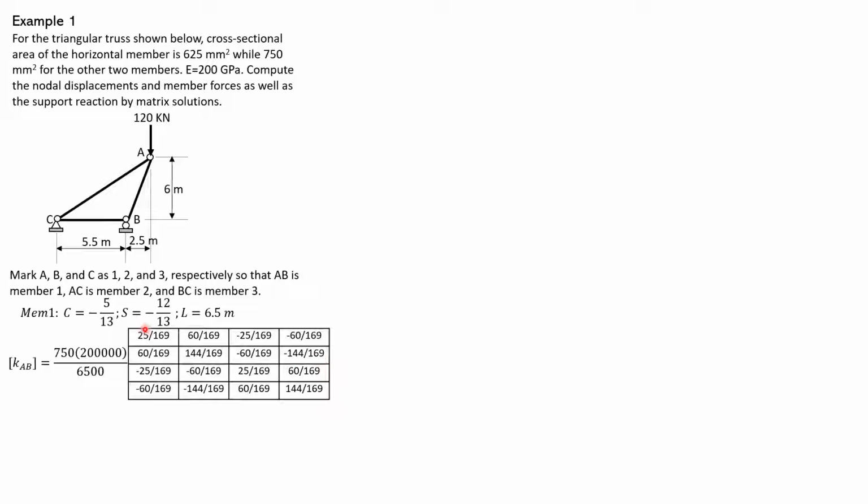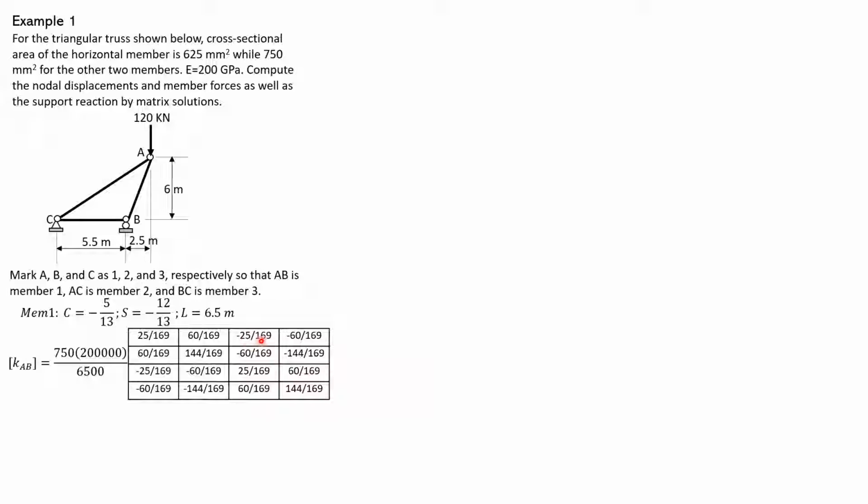Then we copy this 4 by 4 here, and we copy this here. Cosine square: the square of negative 5 over 13 is 25 over 169. This is the product C times S: negative 5 over 13 times negative 12 over 13 is 60 over 169.